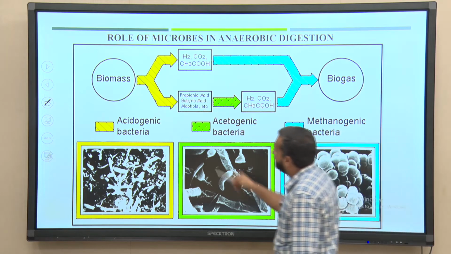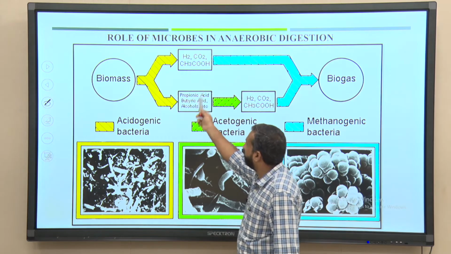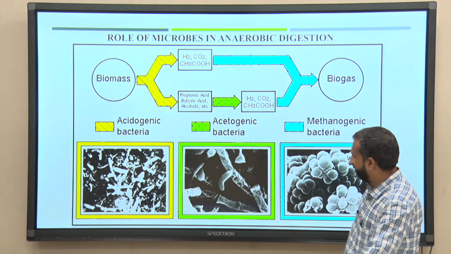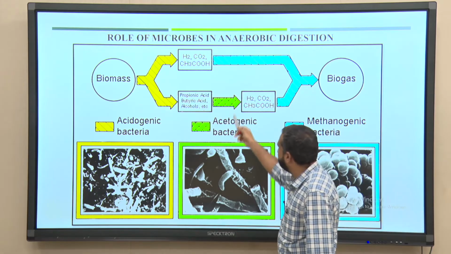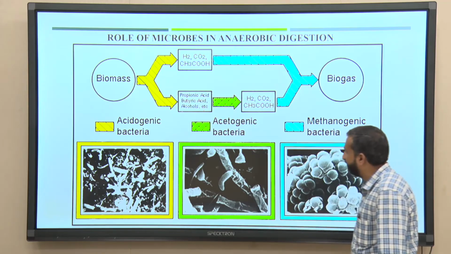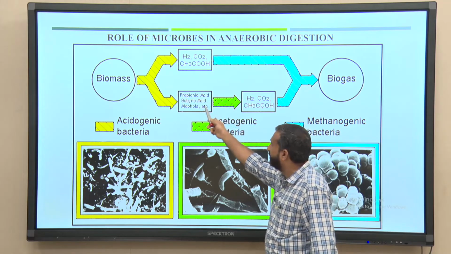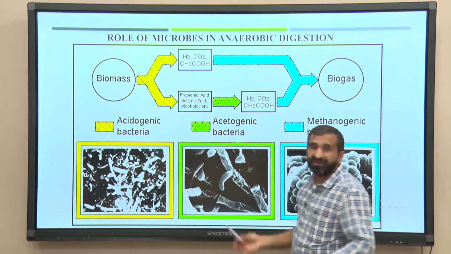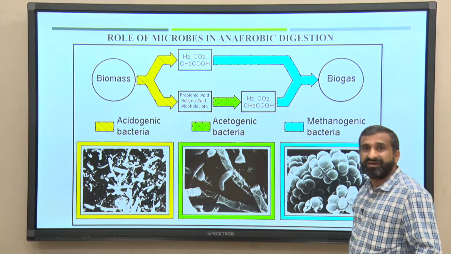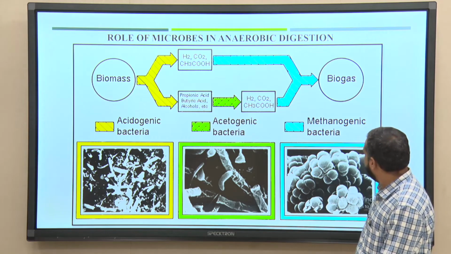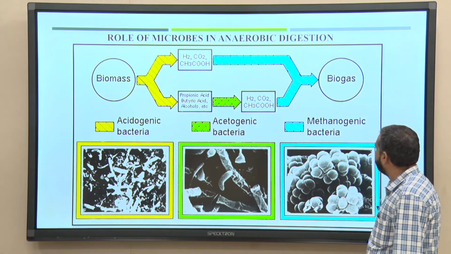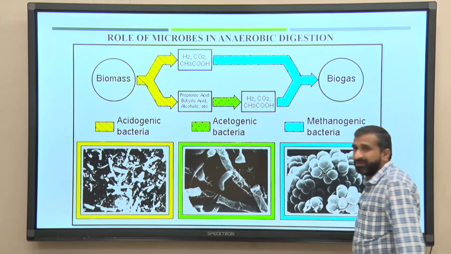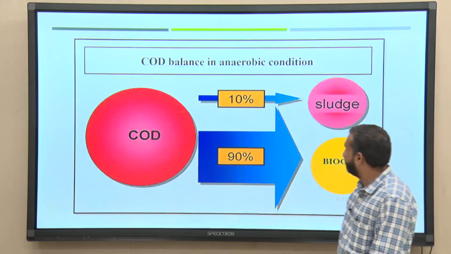By color, the yellow is the production of fatty acids by acidogenic bacteria. The green is the acetogenic bacteria. These bacteria are required to convert the large carbon containing fatty acids into simple carbon containing fatty acids. And finally, methanogenic bacteria convert the same acetic acid into methane and carbon dioxide.